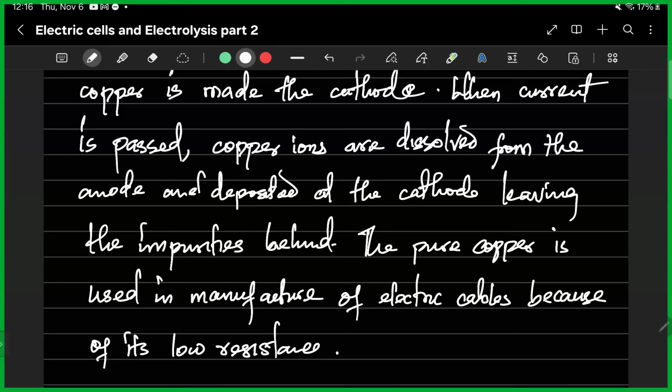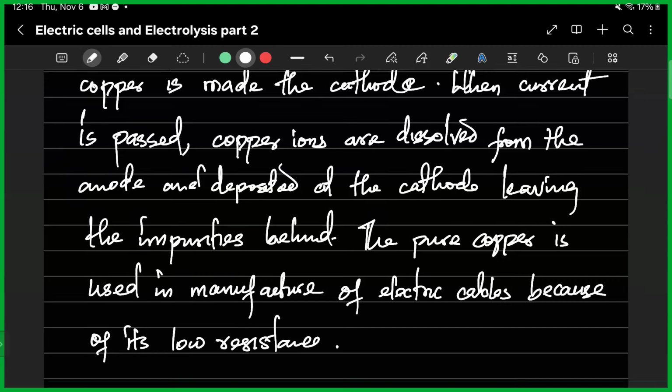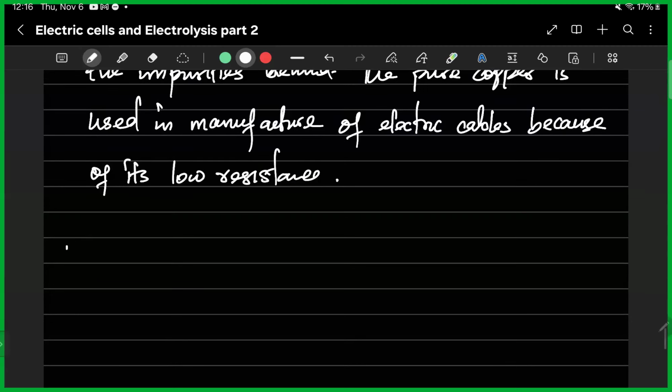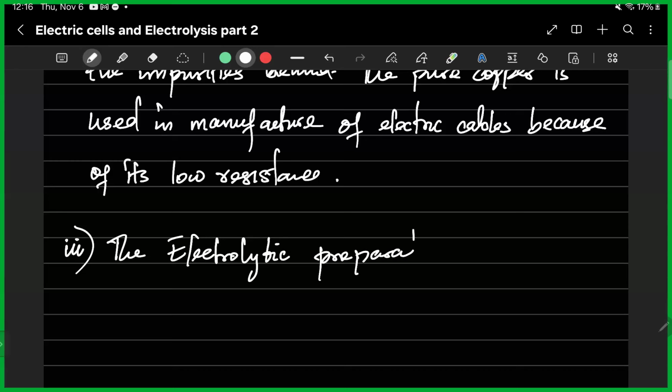Now, the last application we'll deal with before we call it a day in this particular section, I will just explain it briefly, is the electrolytic preparation of metals from compounds.